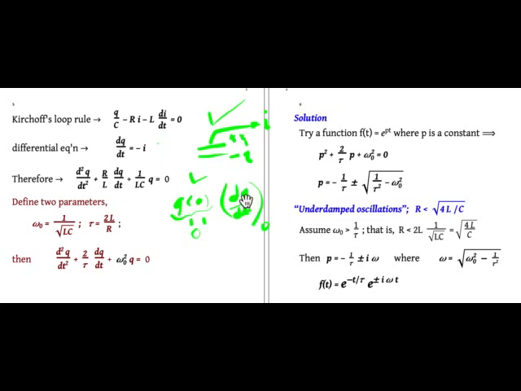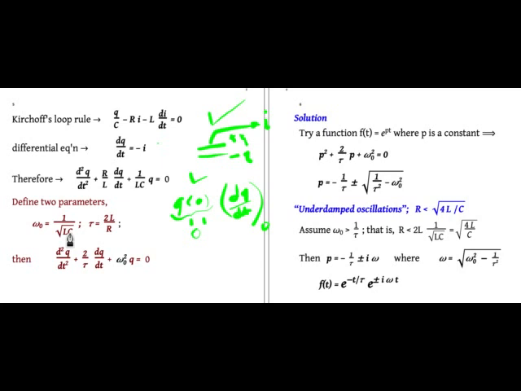All right. Before I go ahead, I want to simplify the problem by introducing two parameters, omega 0 and tau. So this quantity will be omega 0 squared. So omega 0 is 1 over the square root of LC. You'll recognize that.